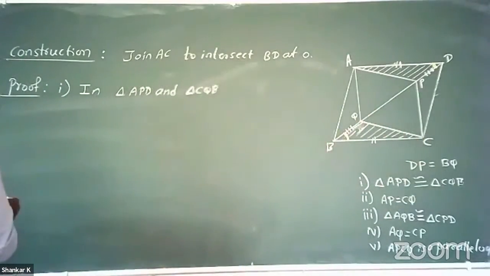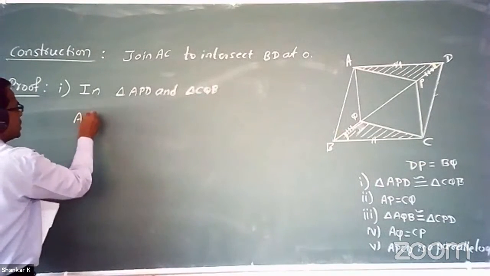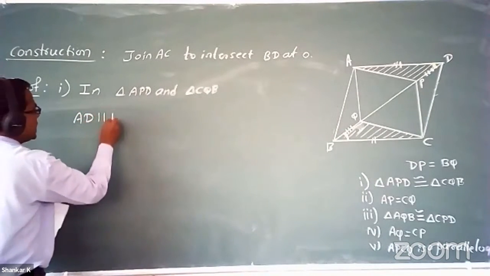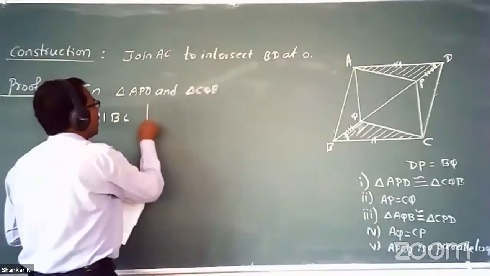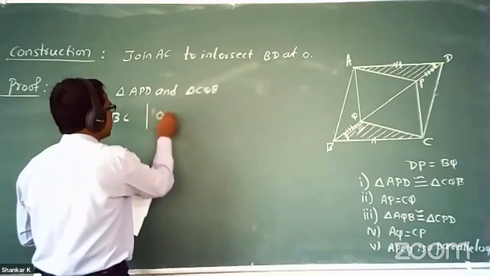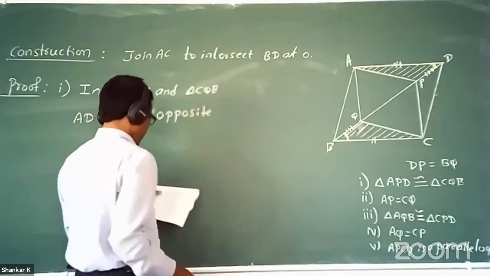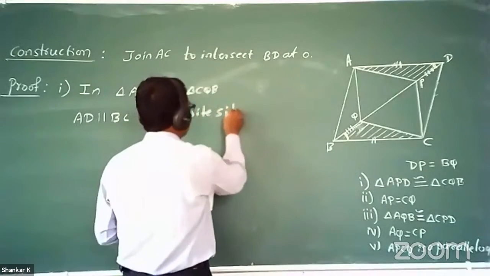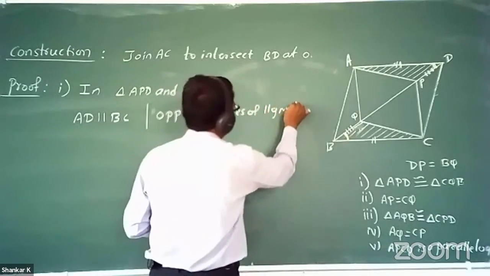Which are equal parts? We could say AD is parallel to BC. Therefore, opposite sides. Why? Because opposite sides of parallelogram ABCD.